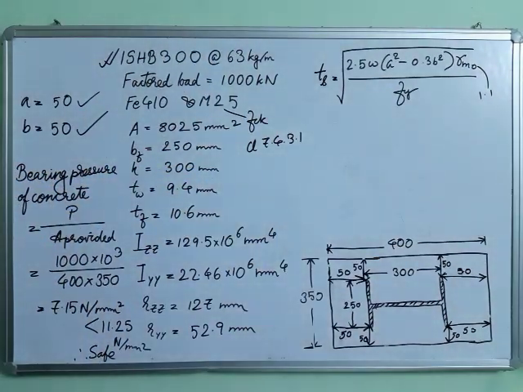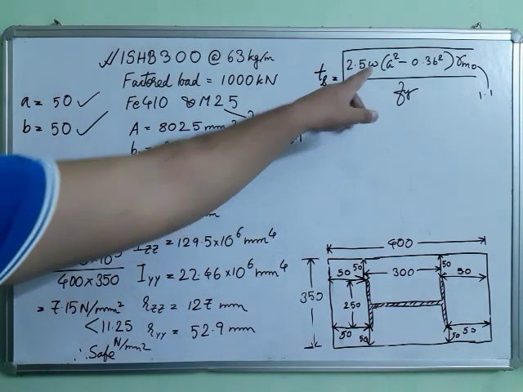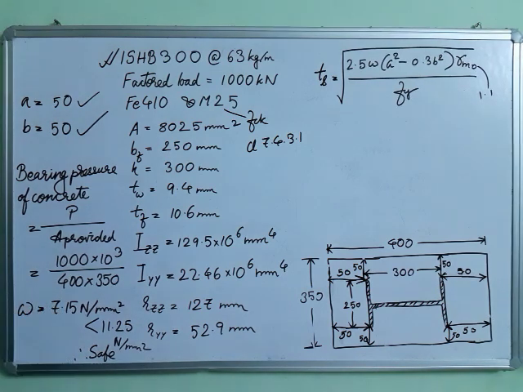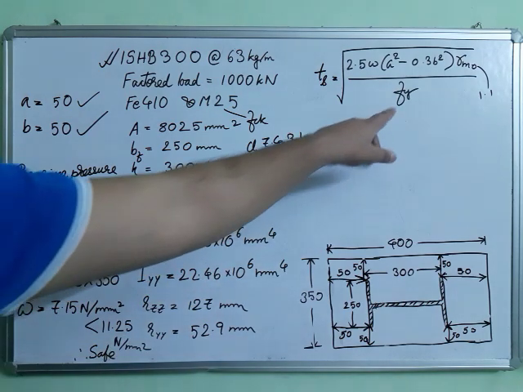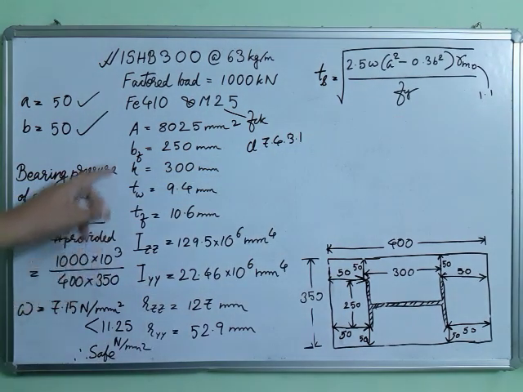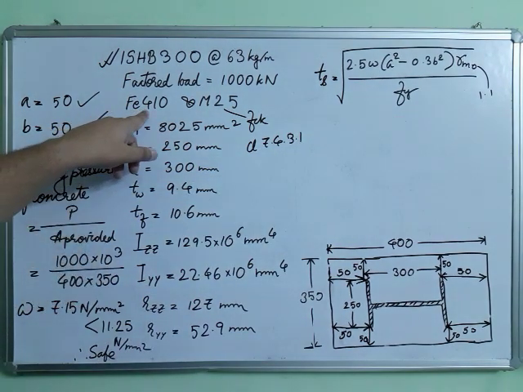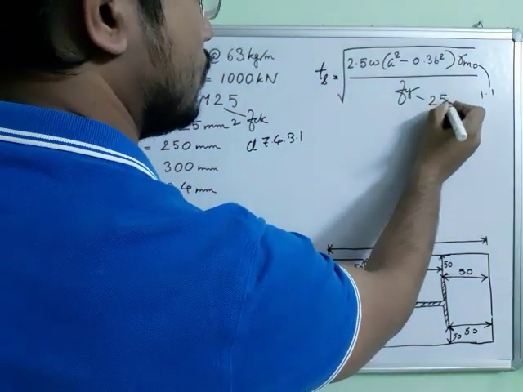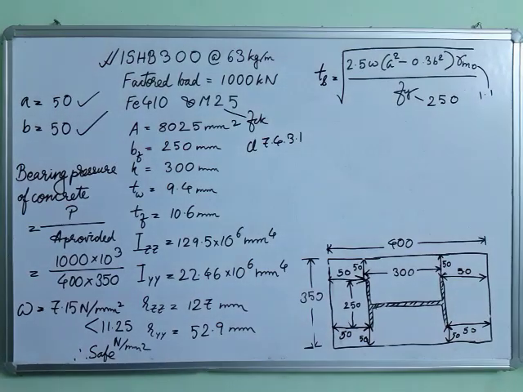Table 5 page 30, all the factors are given there. Then W will be this one, and Fy is 250 if the material is Fe410. So now let us find out the thickness.